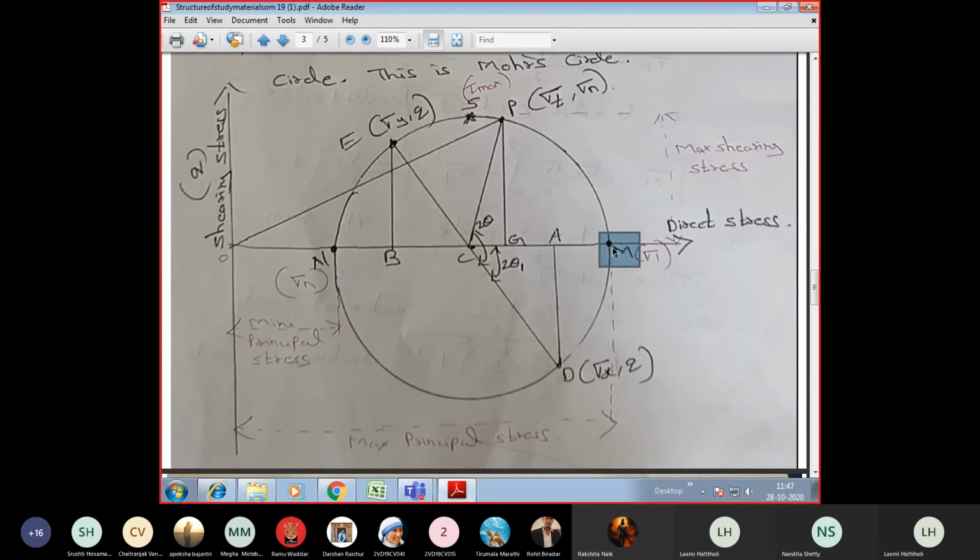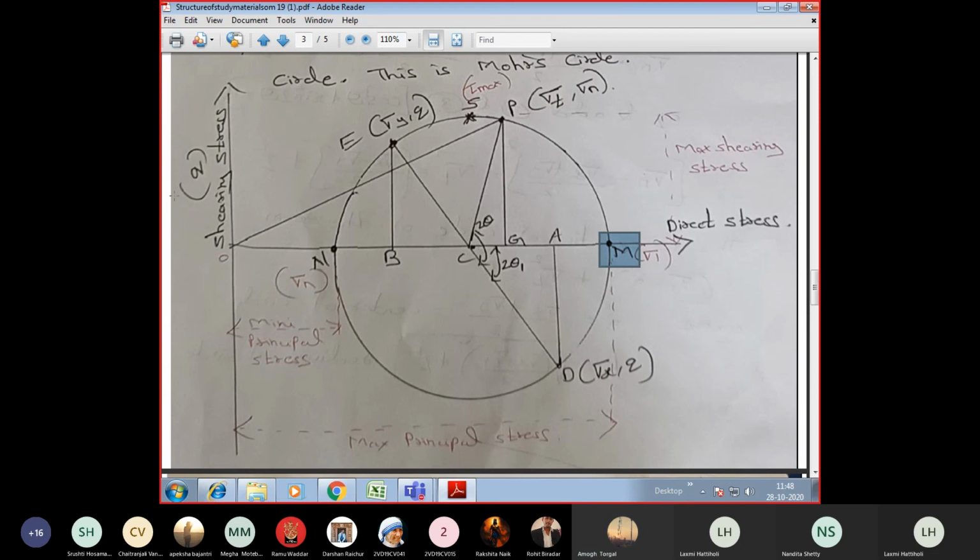Suppose the scale is 1 centimeter equal to 1 Newton per mm square, and the distance OM is 15 centimeter, so what is the value for maximum principal stress? 15 Newton per mm square. Exactly, 15 Newton per mm square. That will be your sigma 1.